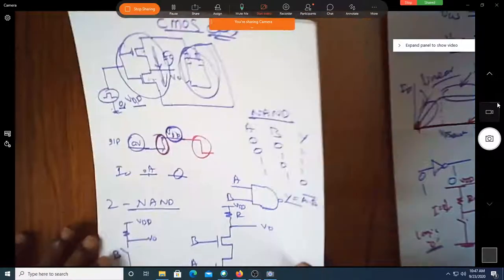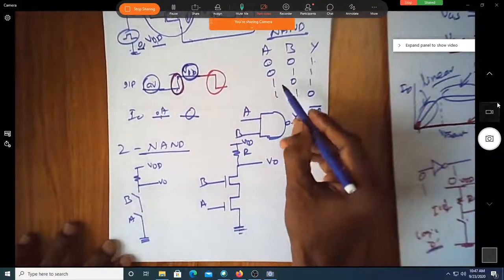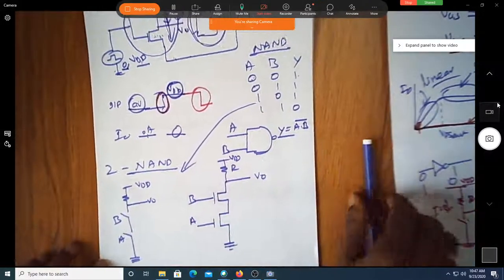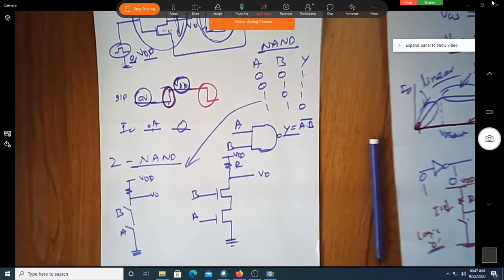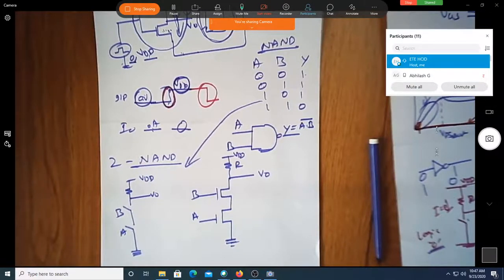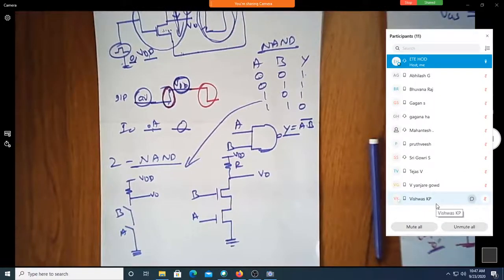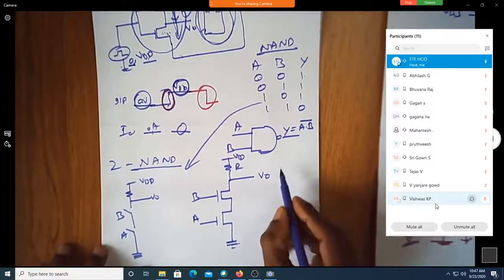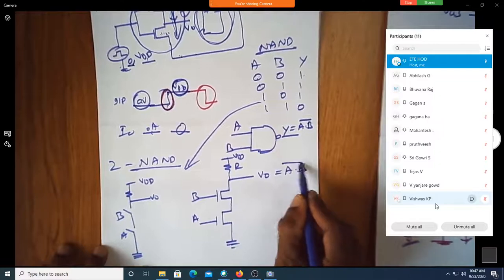Can somebody explain whether this truth table is satisfied here? Who is there with me? Let me check who else is there. Mantesh, explain to me, does this circuit work like a NAND gate? Shall I say this is equal to A into B whole bar?